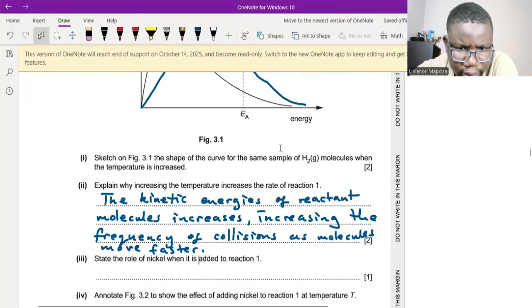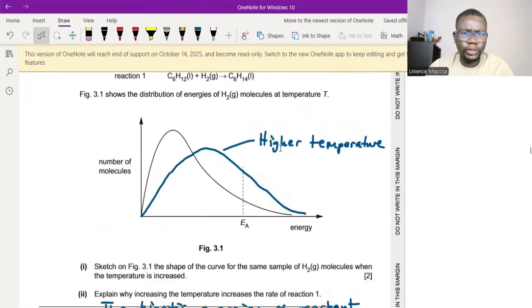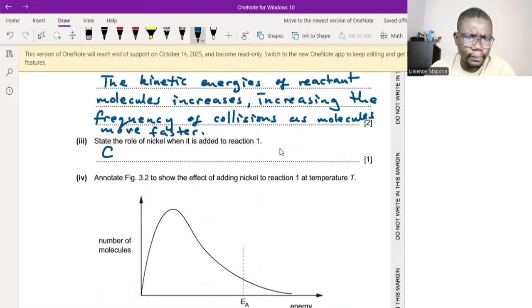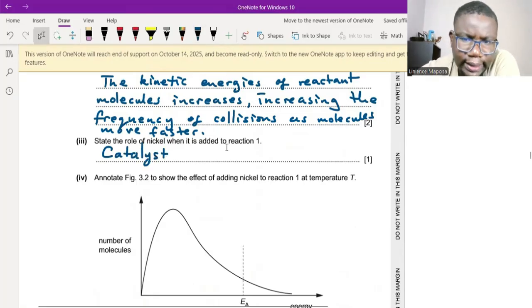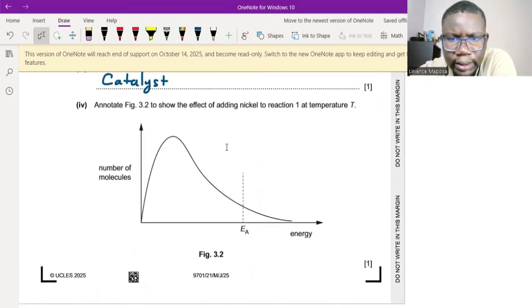State the role of nickel when it is added to reaction 1. They didn't say, but we know that nickel is a catalyst used for hydrogenation. So it acts as a catalyst. Annotate figure 3.2 to show the effect of adding nickel to reaction 1 at temperature T. Same temperature, so keep this distribution profile as it is.